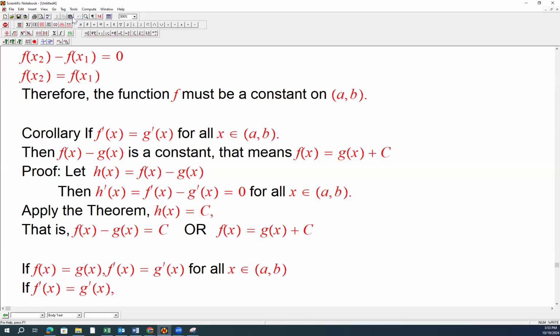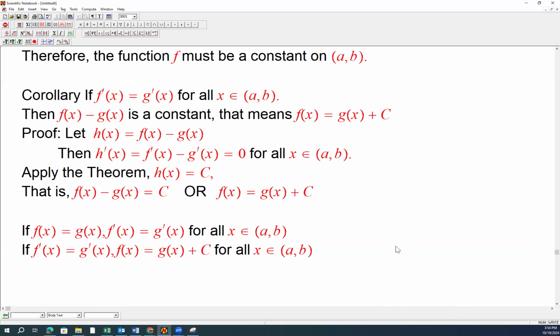The answer is no. One function is different from the other by a constant for all the x in an open interval. And what is the use? We're going to be using this in the future sections on antiderivatives, and the sections that come next.